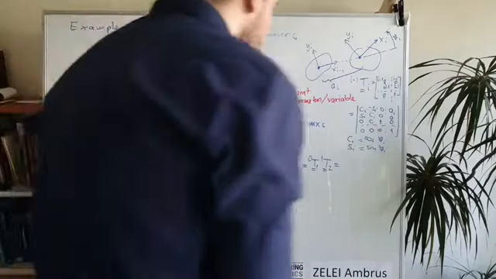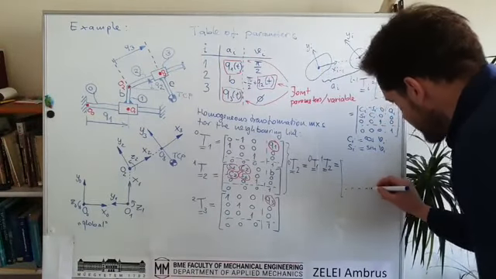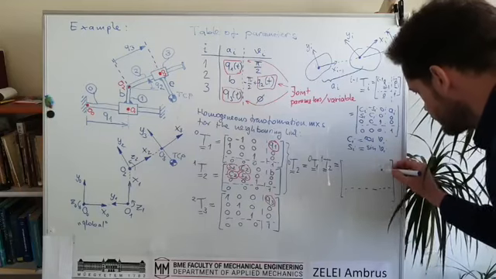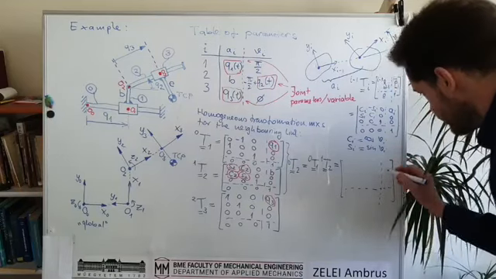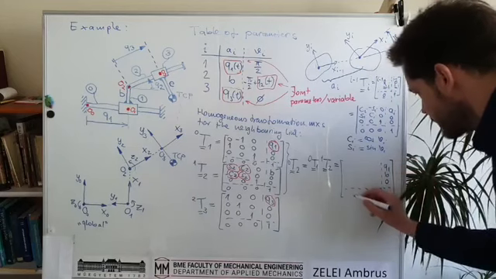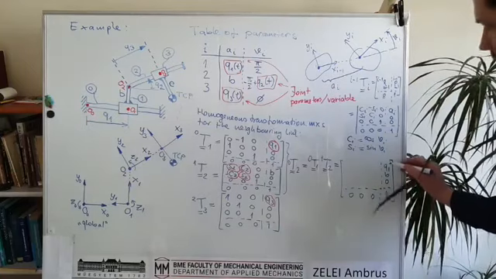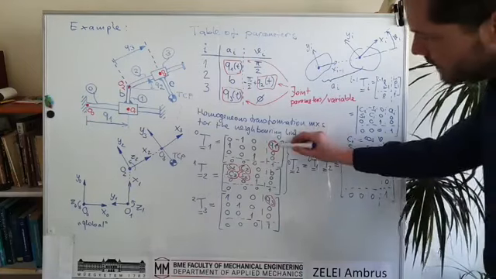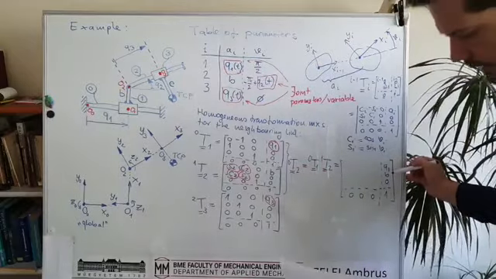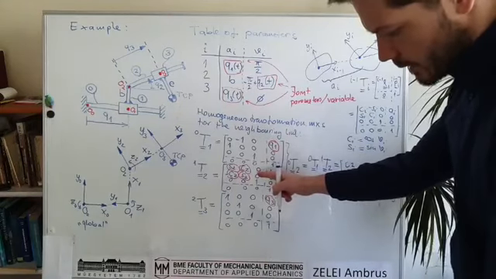I will just copy it. So the result will be q1, b, 0. This part is always 0, 0, 0, 1. We can see that q1 and b appear here together.